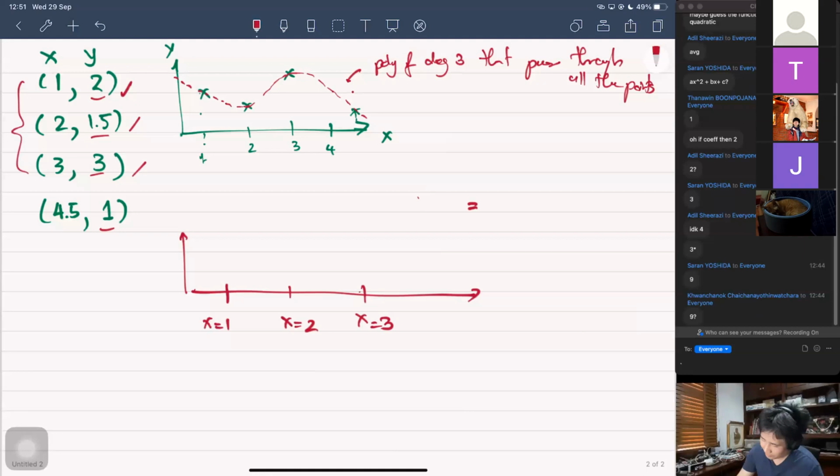Let me call that W of x. Anyone has a good guess?